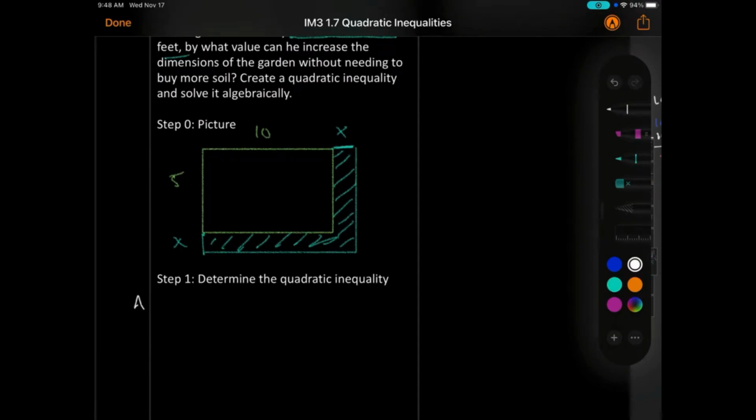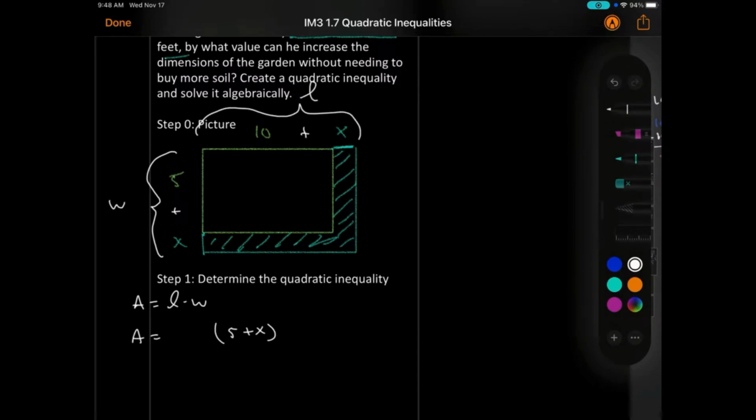Okay, so if area is length times width, and let's just call this one width, so this would be 5 plus x, or x plus 5. In this whole new area, we'll call length, that will be 10 plus x.